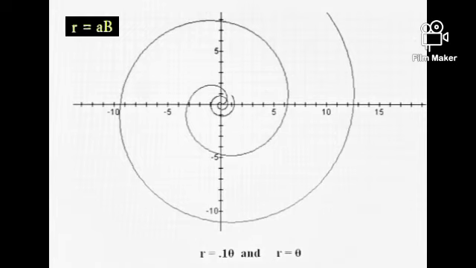Again, in general, the polar equation of an Archimedean spiral is given by r equals ab, where a is a real number and b is the angular coordinate in radians. In particular, the smaller spiral shown in the graph has polar equation r equals 0.1b, where the real number a is equal to 0.1.